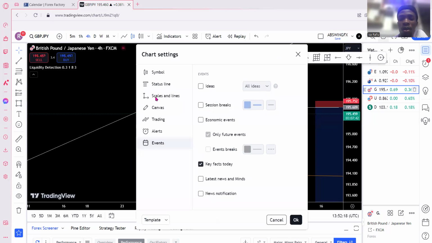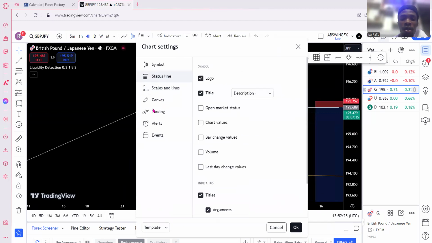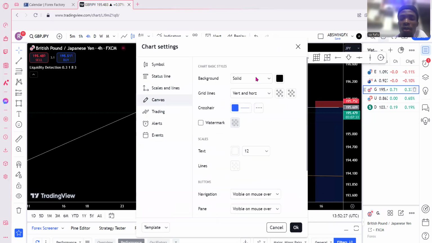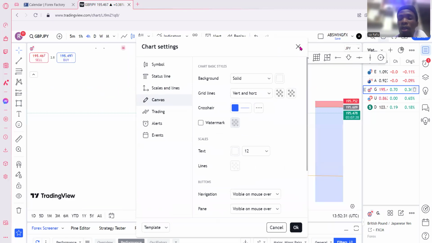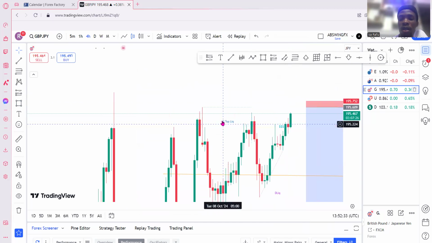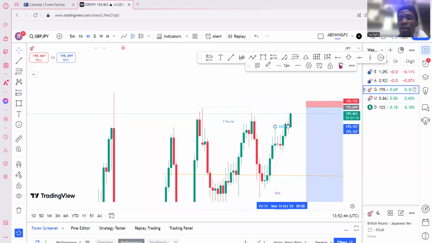Maybe you can see it more with the colors. Let's apply white first. Can you see? There is a top liquidity here. So liquidity is sitting at this point. And you know, liquidity is the food of the market.